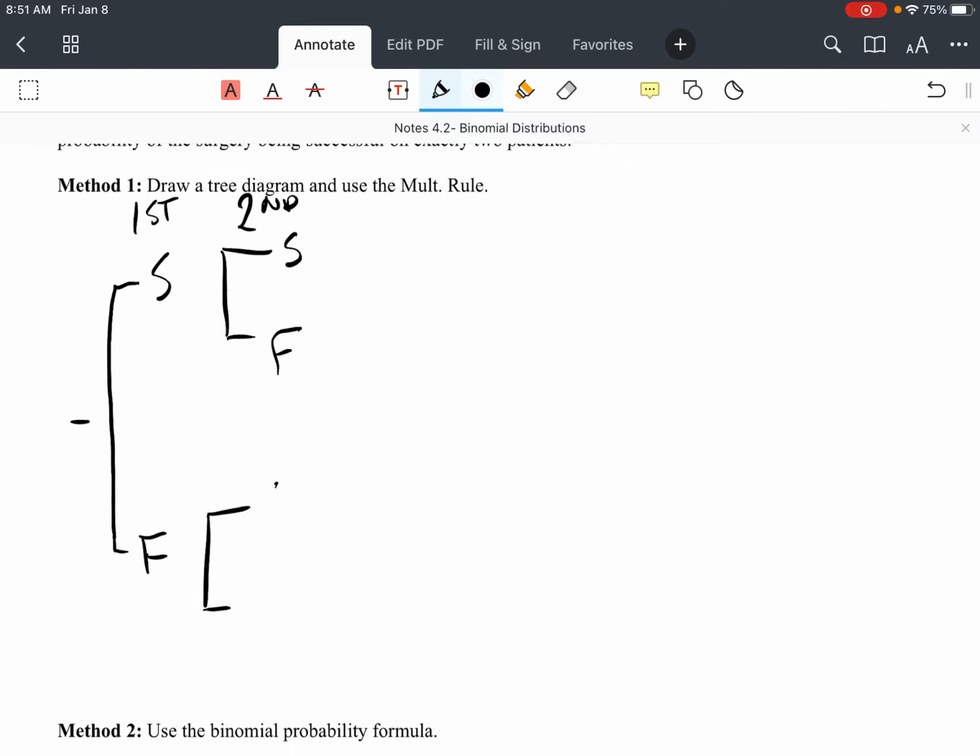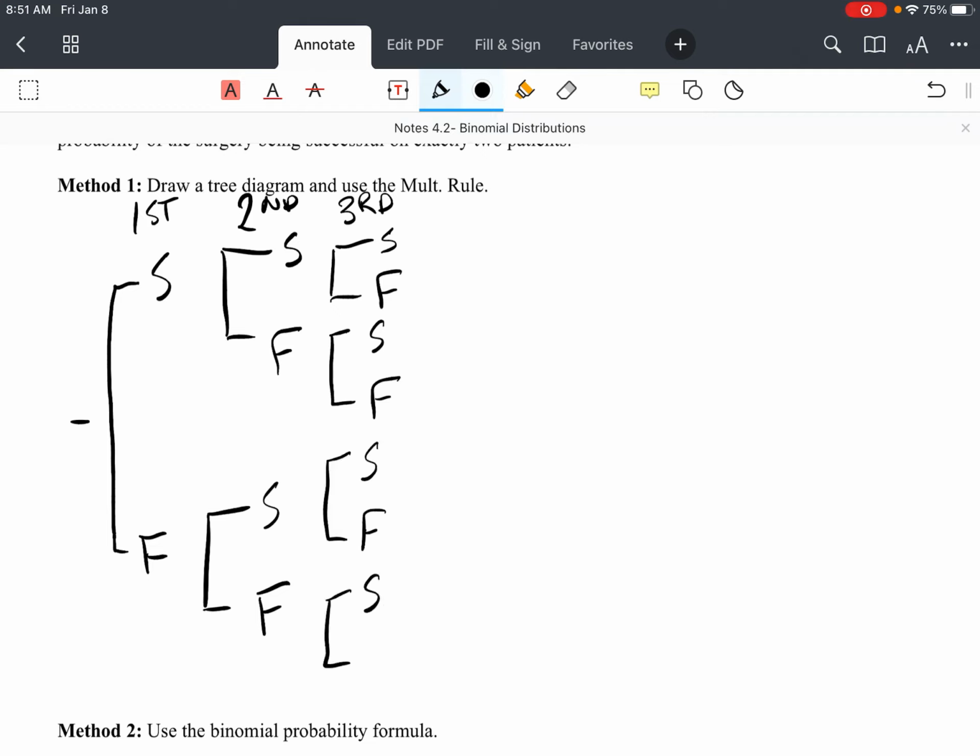And same thing down here. So if it was a failure first, then it could be either a success or a failure, okay? And then last patient, so the third patient, it was either a success or a failure, for each of these branches. Okay, so these are my 3 patients.